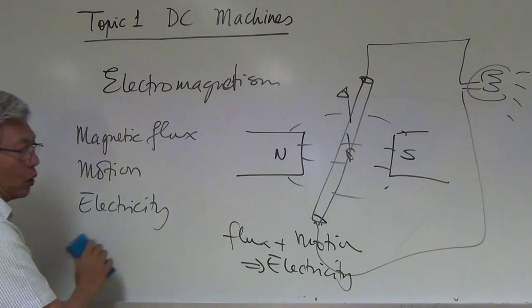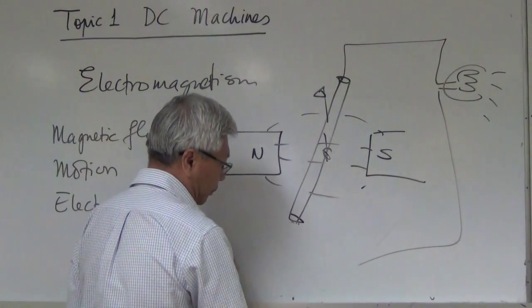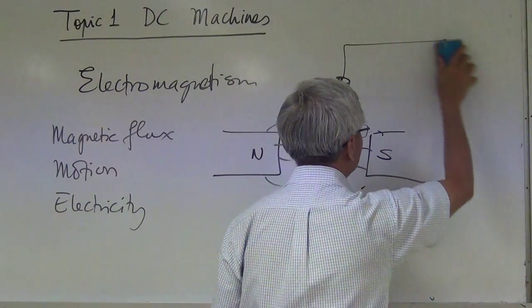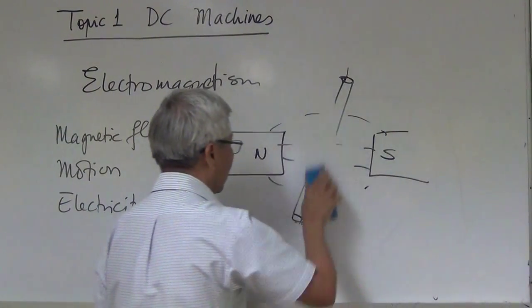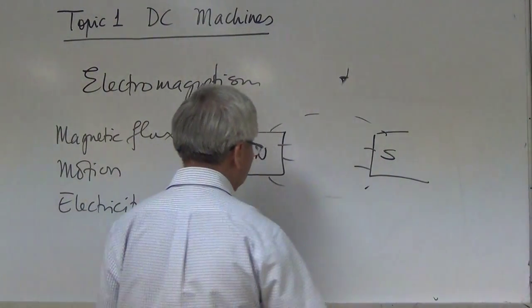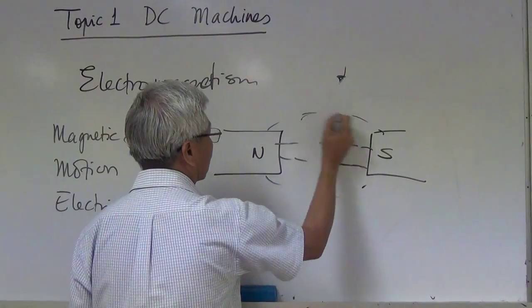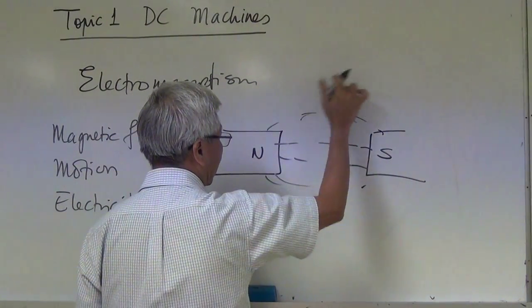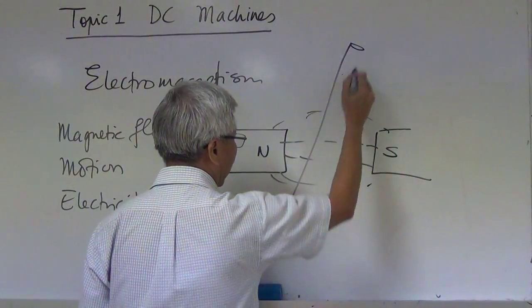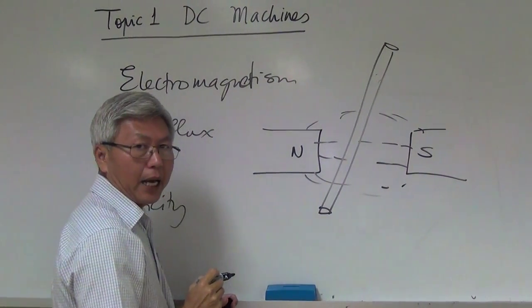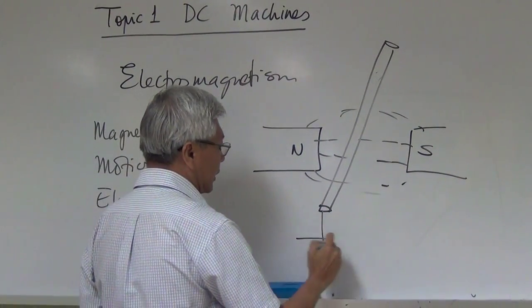Whereas for motor, it is the other way around. Again, you have magnetic flux, a pair of magnet for example, and a conductor put across the magnetic flux, and this time you supply electricity to the conductor.